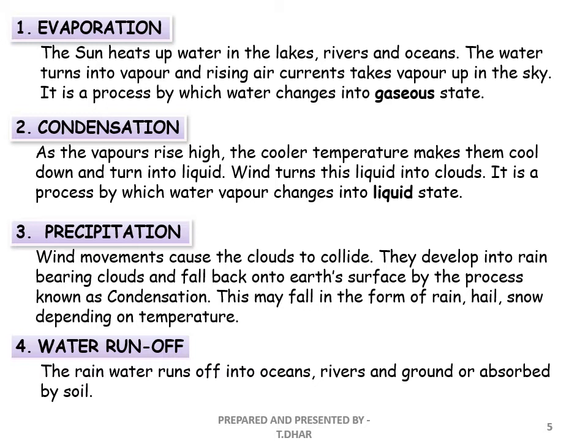As the water comes down and gets deposited into oceans or rivers, or goes underground, being absorbed by soil, again the same process of evaporation, condensation, precipitation, water runoff, all these steps are repeated. So that is why this whole process is known as water cycle.